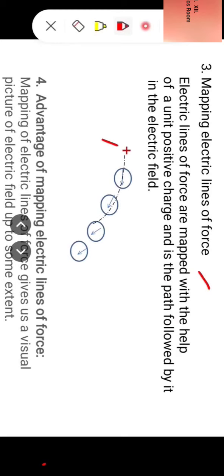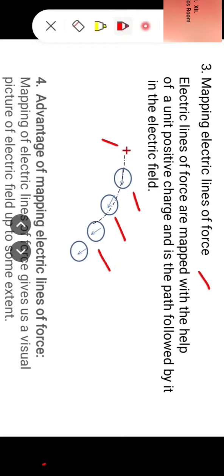We place a test charge, unit positive charge, somewhere, and we mark the point of its tail as well as of its tip, and we shift it to another place. Again we mark the point of tail and tip, and then we shift it again to another point.